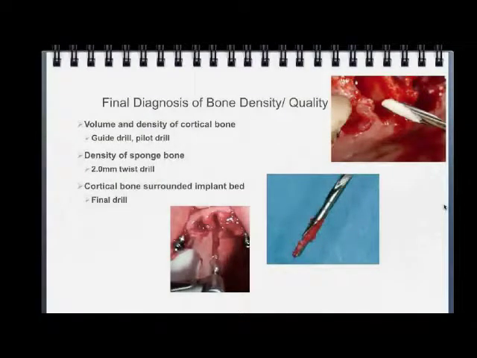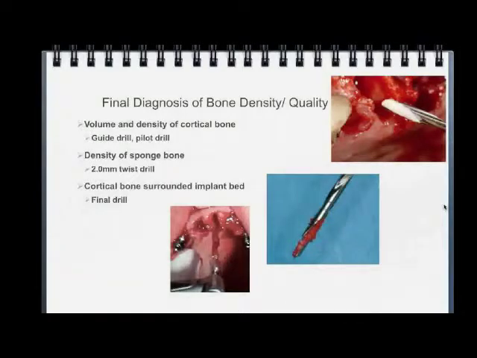As soon as we start drilling and withdrawing the drill from the osteotomy, just by looking at the drill, if you can see the upper right corner, the white, pretty large tips, I would say that would be good to very good cortical or very, very strong trabecular bone.